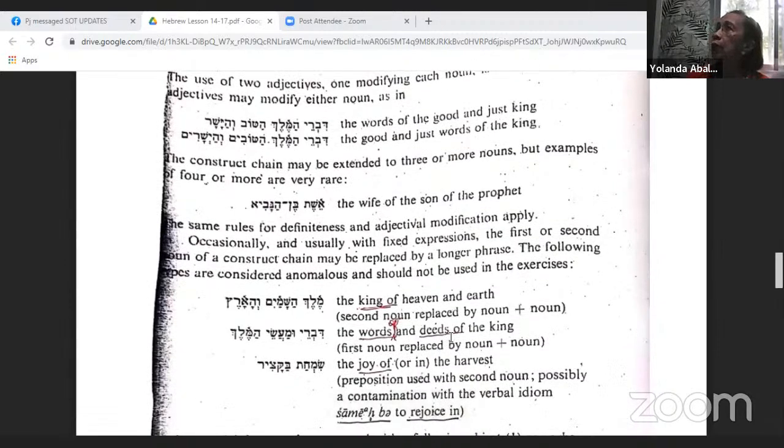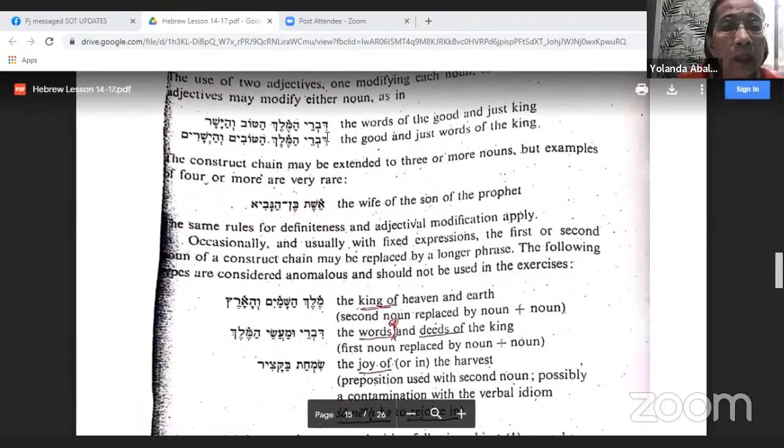Hanggang ano tong ating lesson? Hanggang 18? Then we have Divre HaMelech HaTov HaYashar. Divre, the words of HaMelech, the king, HaTov, the good, HaYashar, and just, the just king.